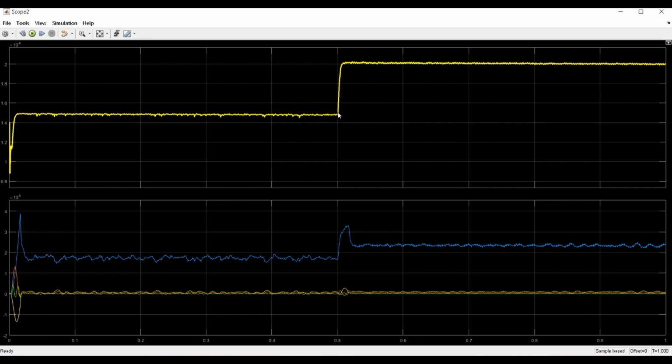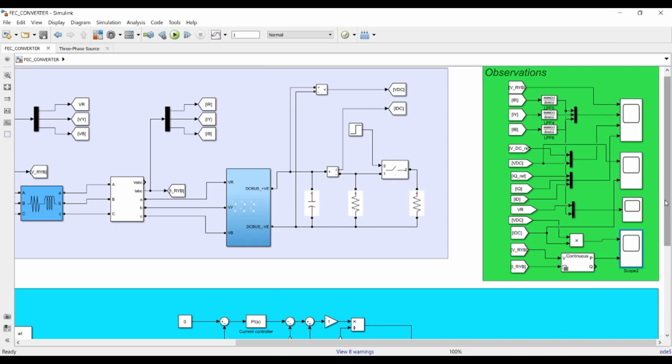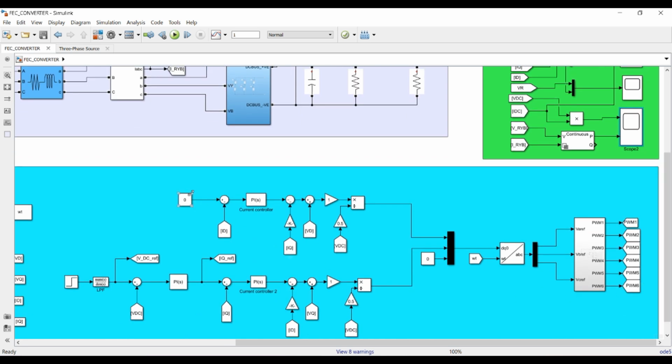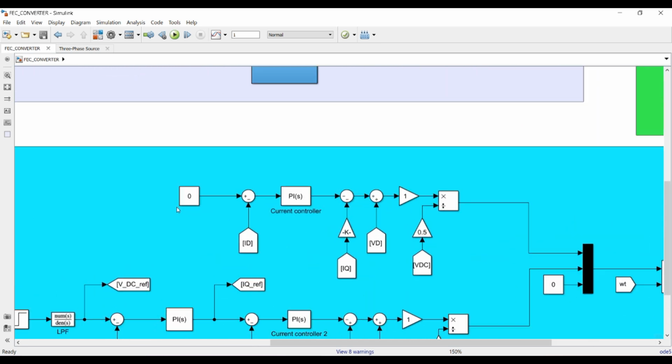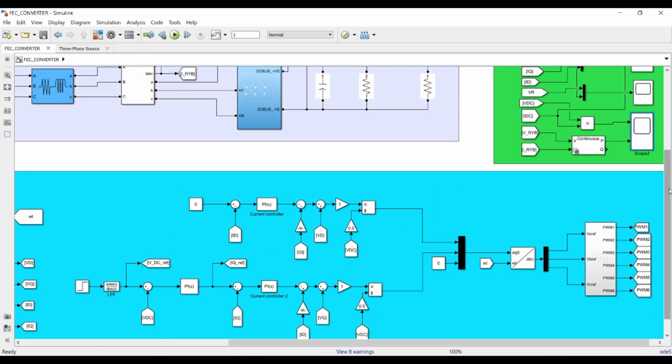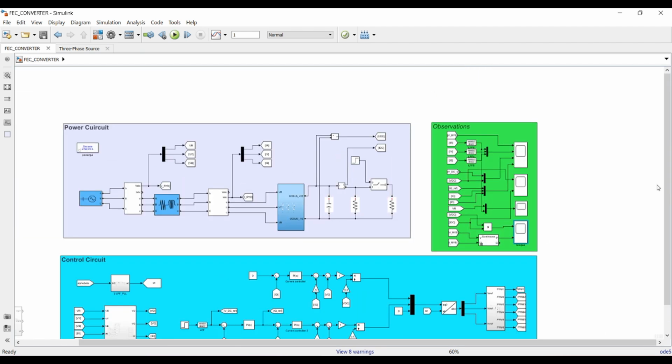So whenever there is a jump in the voltage, we are drawing more active power. However, our reactive power component is constant, that is no reactive power is drawn. That is because we have kept the reactive power component, that is ID, as 0. Right? So this model is working well.